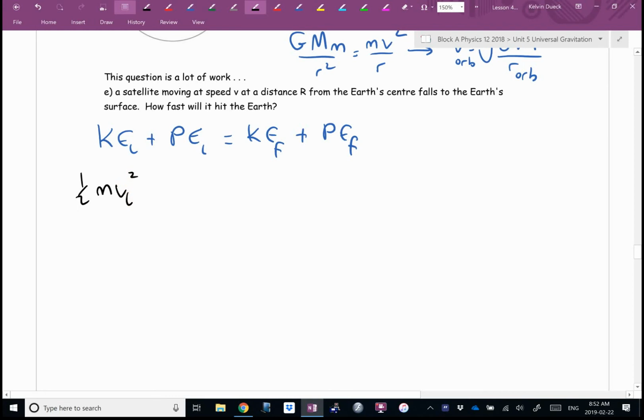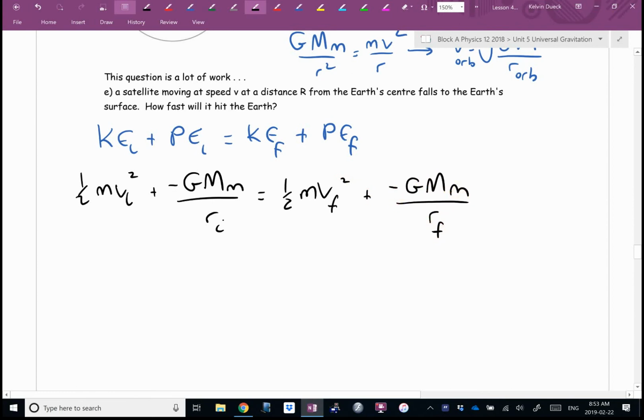I might be nice and have the initial speed be 0, but realistically, in real life, asteroids or satellites are never at speed 0. They always have some initial speed. So I might, because I like to do realistic questions, give you an initial speed, plus negative big G, big M, little m over R initial, equals a half m v final squared plus negative big G, big M, little m over R final.